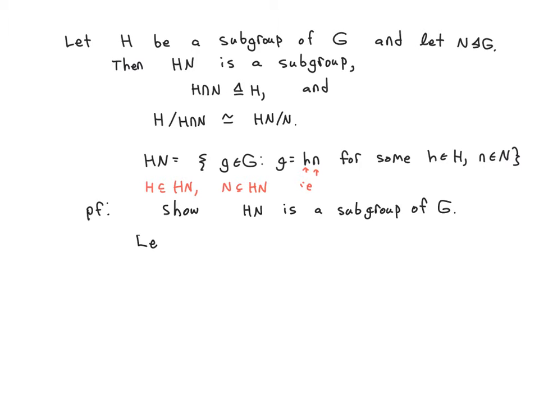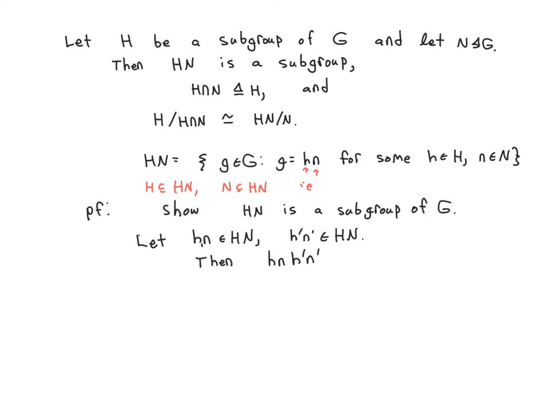So what do we need to do? We need to take two elements hn and another two elements, h prime, n prime, and we need to look at the product. So the product looks like hn h'n'.